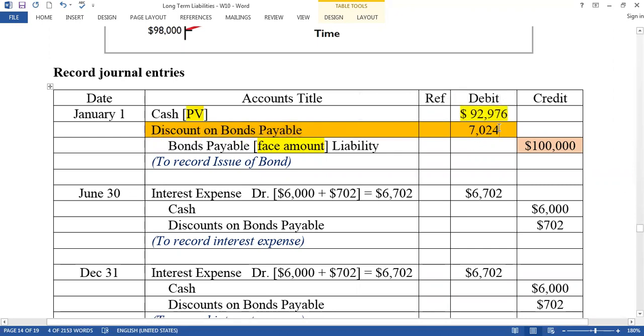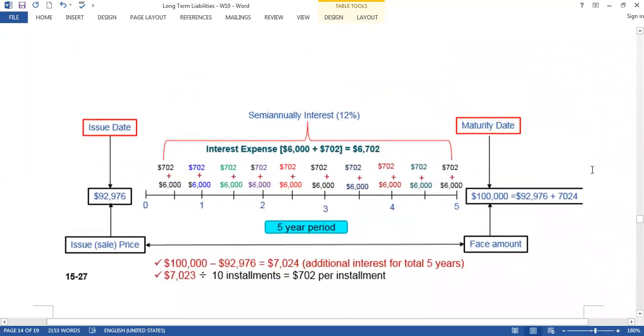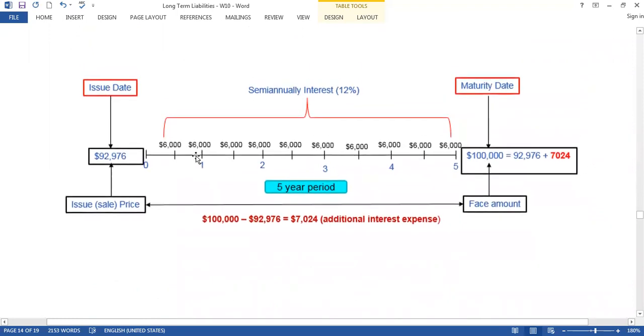Now, what is this money actually? Let's see the diagram. So according to this diagram, we find that today you receive $92,976. 5 years later, we are going to pay $92,976 plus some additional money, right? So this additional money plus sign means it is our bad news, right?